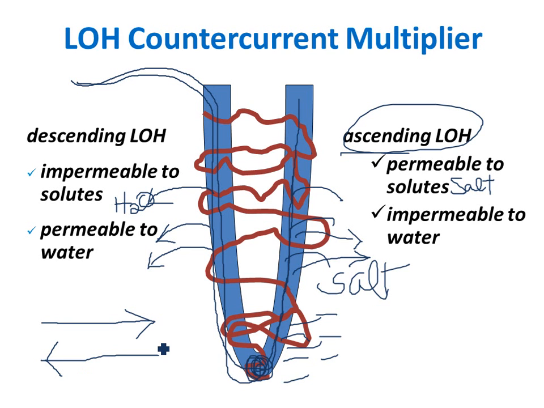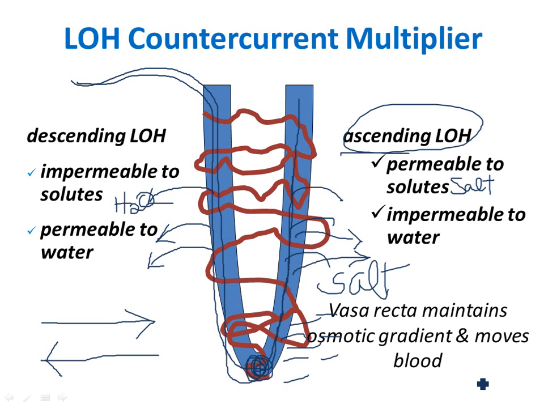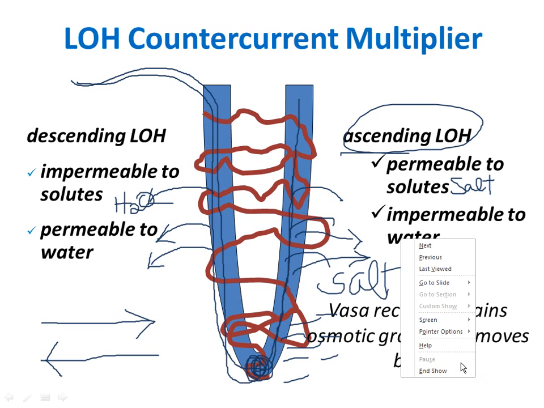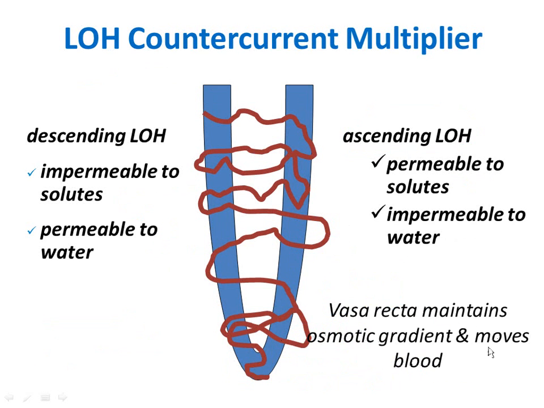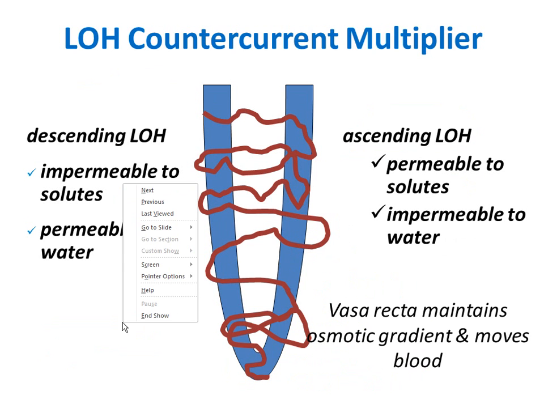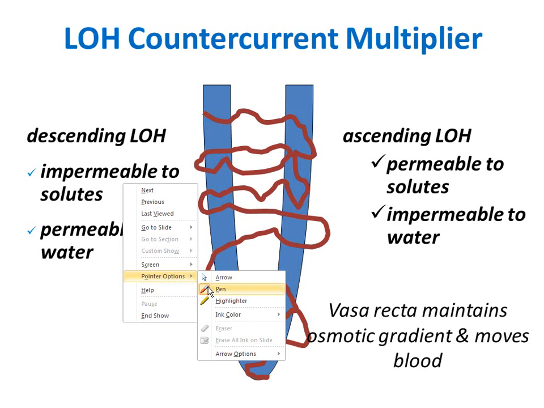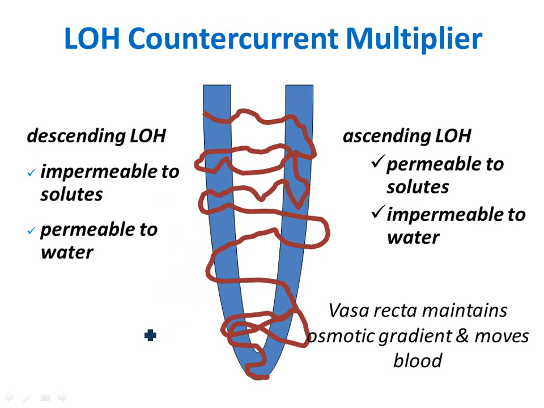On the other side, water diffuses in and out of it. So the purpose of the vasa recta is to help us maintain the osmotic gradient. If I were to ask you about the vasa recta in lab, I might ask you to identify it. But in lecture, I might ask you about its functionality, and it's about maintaining the osmotic gradient.